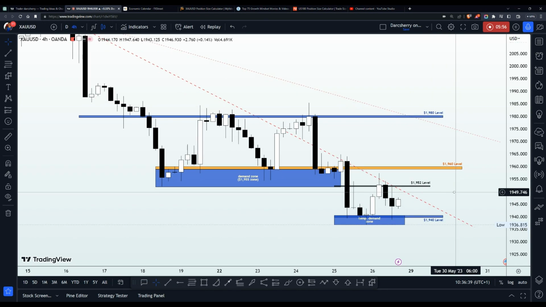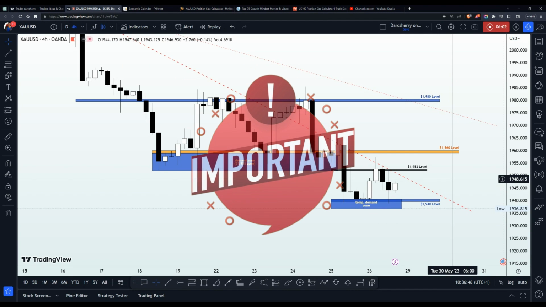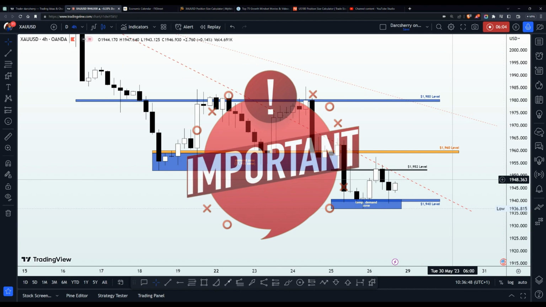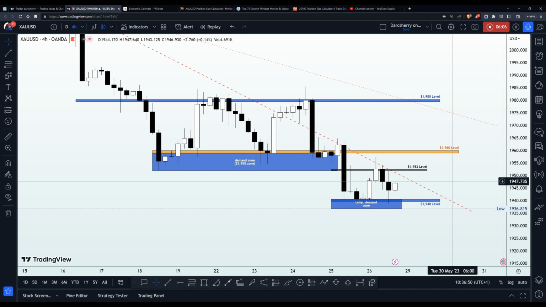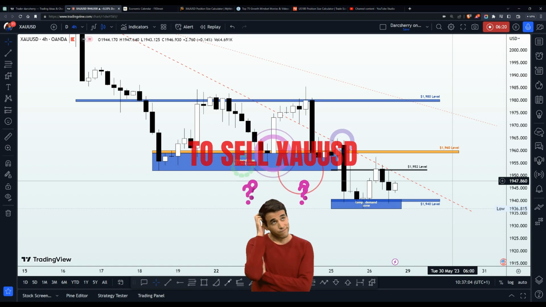However, in as much as we look out for buying opportunities, it is also important that we take into consideration the potential of sellers as well. And if we consider the fact that price action has been bearish since the beginning of this month, it's reasonable that we also consider what we want to see on this chart that will make us sell the XAUUSD.